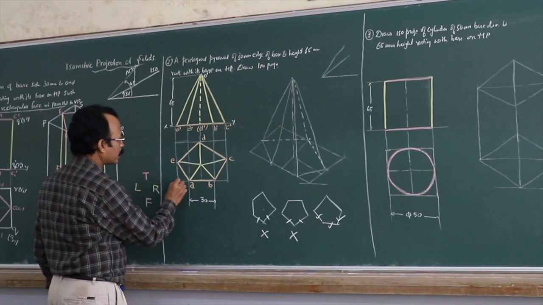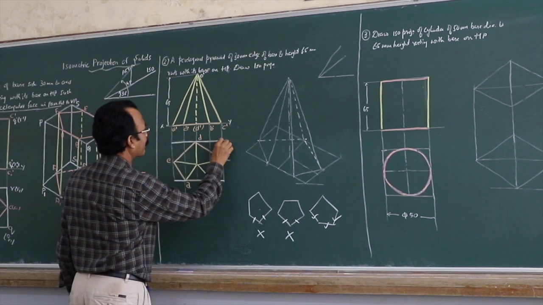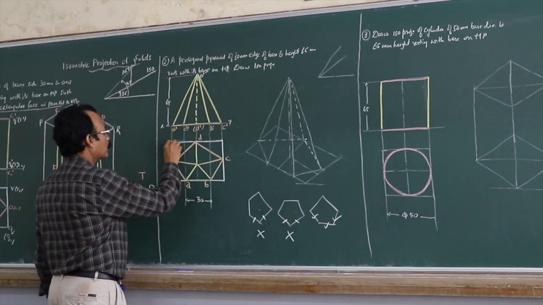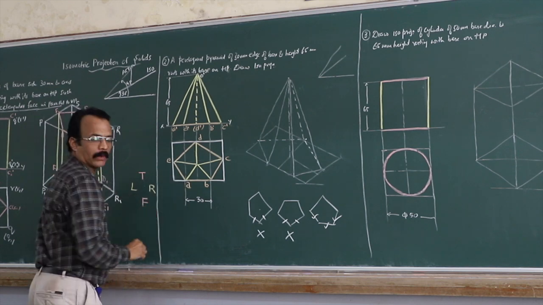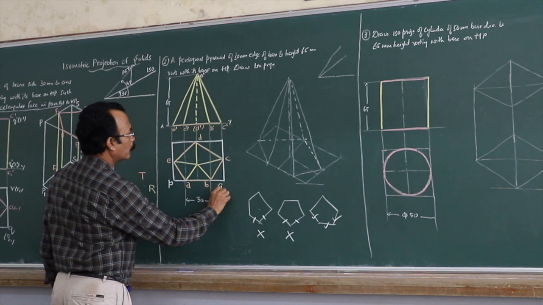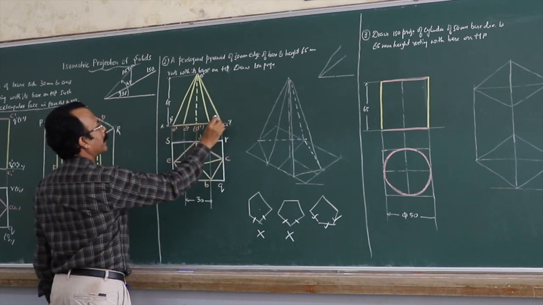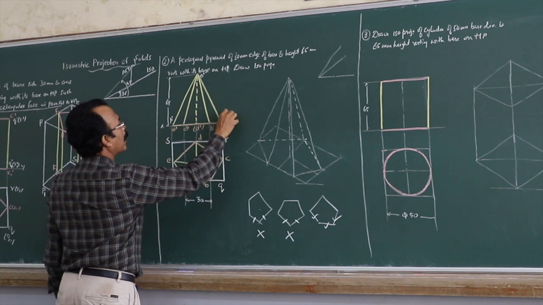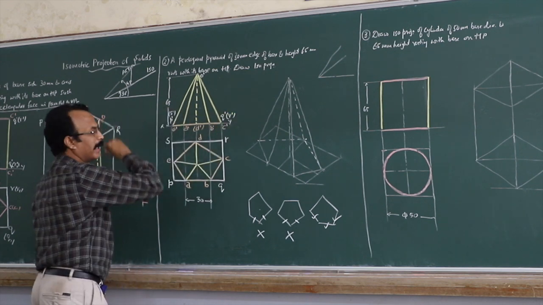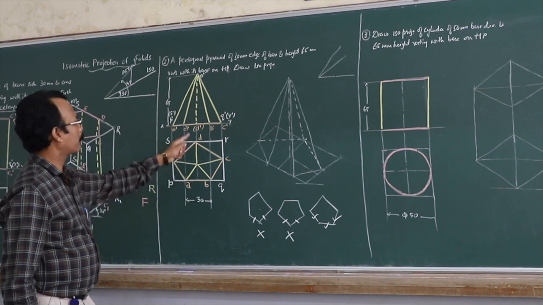So it is sufficient if you just enclose this in a rectangular lamina. I can call this P, Q, R and S. So this is your P dash, Q dash, R hidden, S also hidden there, right?